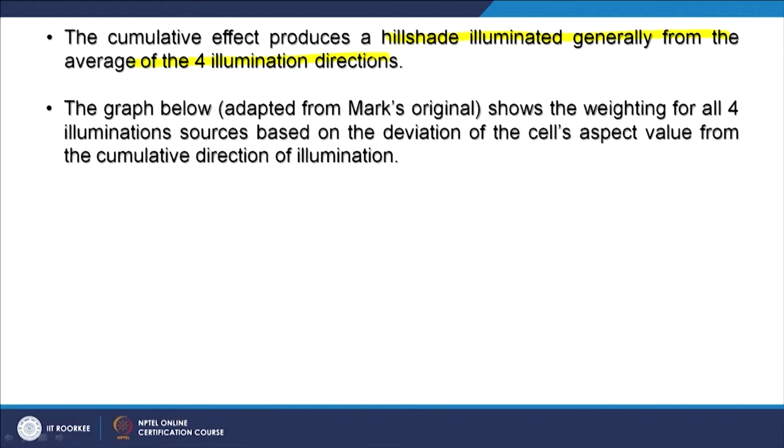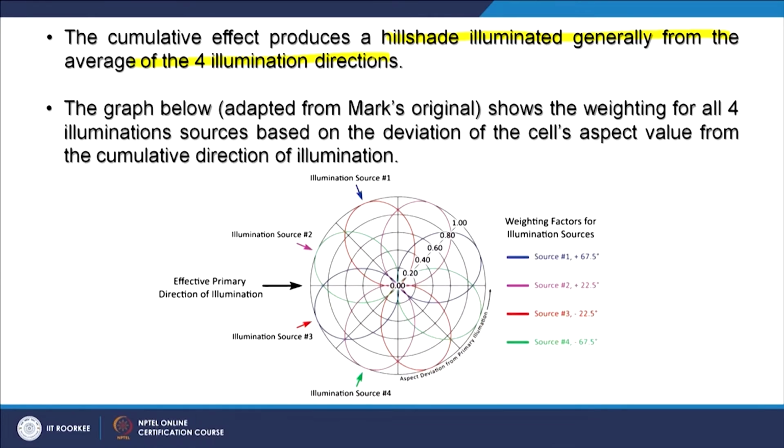Illumination sources are multiple, no doubt, but here both are using aspect, a little differently. Now this cumulative effect produces a hillshade illuminated generally from the average of 4 illumination directions. The graph which I am going to show here may look a little complicated, but let me explain.